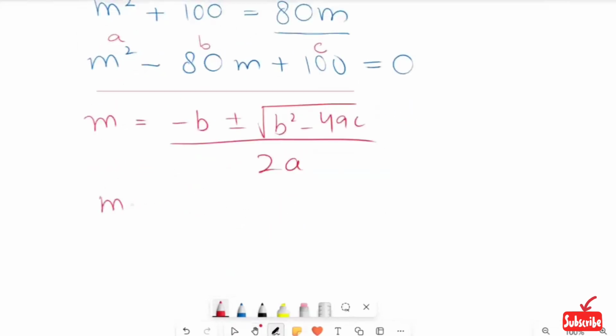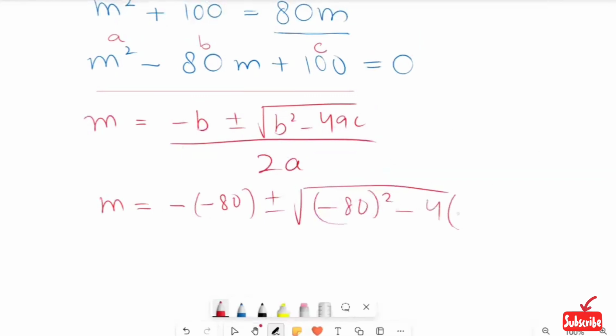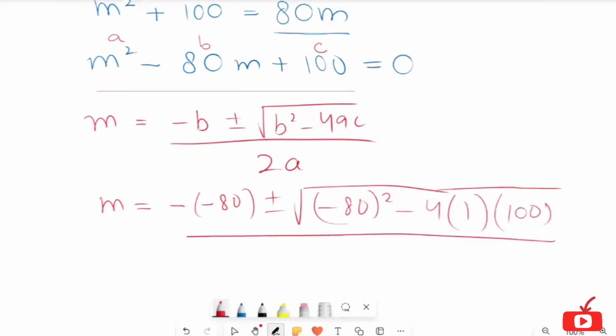So I am going to plug in here. Our b value is negative 80, plus or minus root of negative 80 to the power of 2 minus 4, our a value is 1 and our c value is 100, over 2 times a value 1.